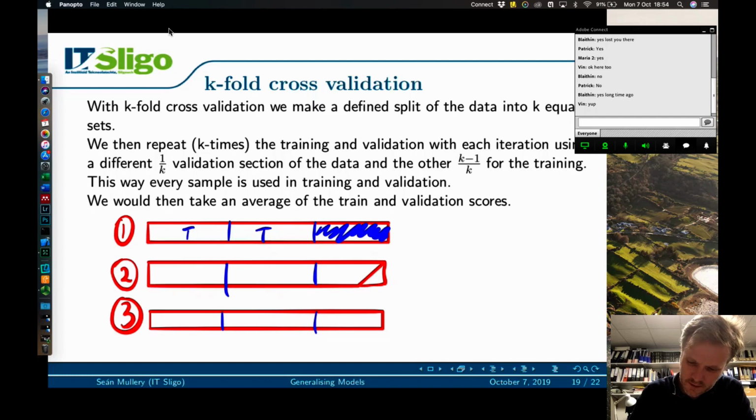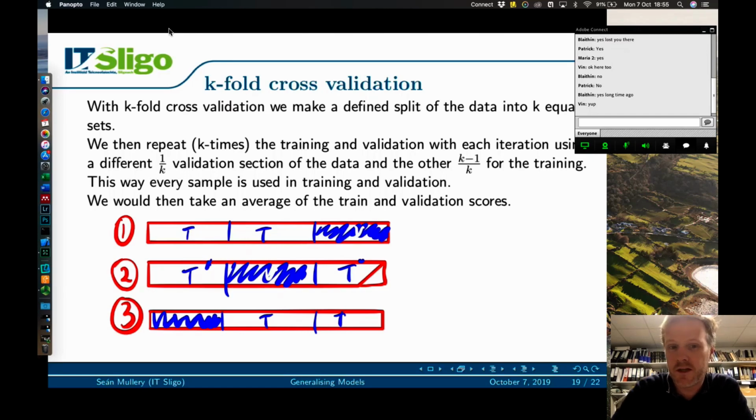Then we would set train there and train here on this one, and set our validation as the one in the middle. Then finally we would set this one here as our validation and the other two as train, go again, and then take the average of these 3.